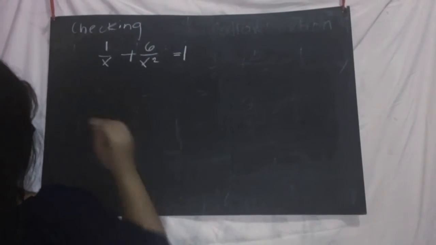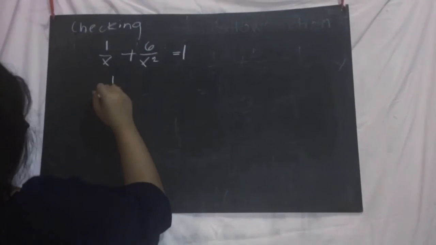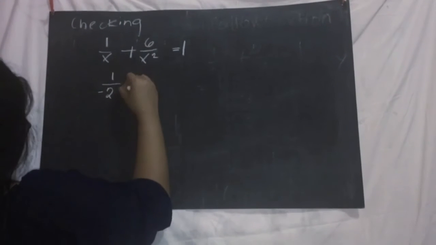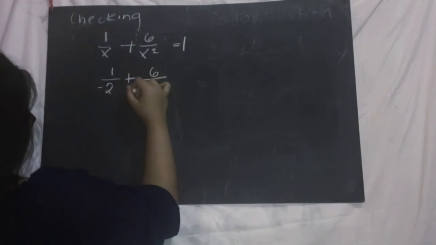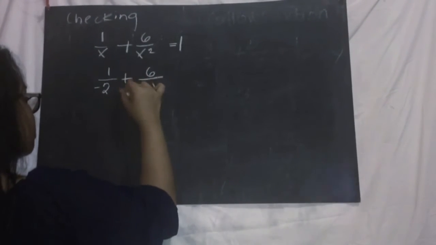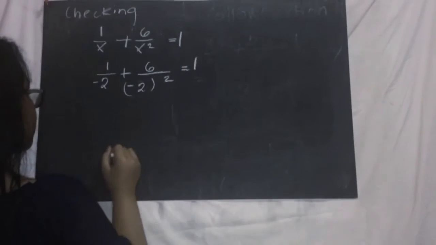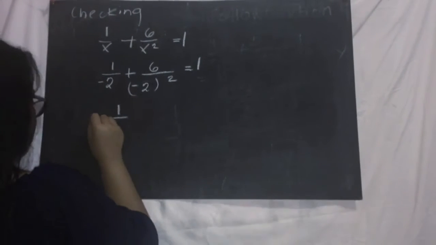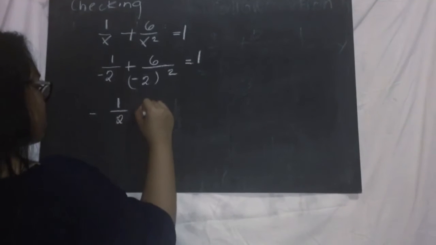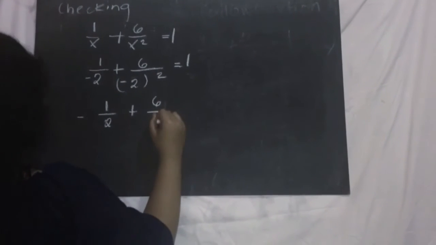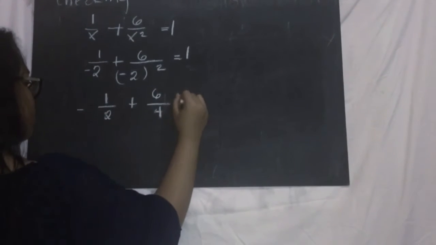So 1 over negative 2 plus 6 over negative 2 squared equals 1. So it becomes negative 1/2 plus 6 over 4 equals 1.